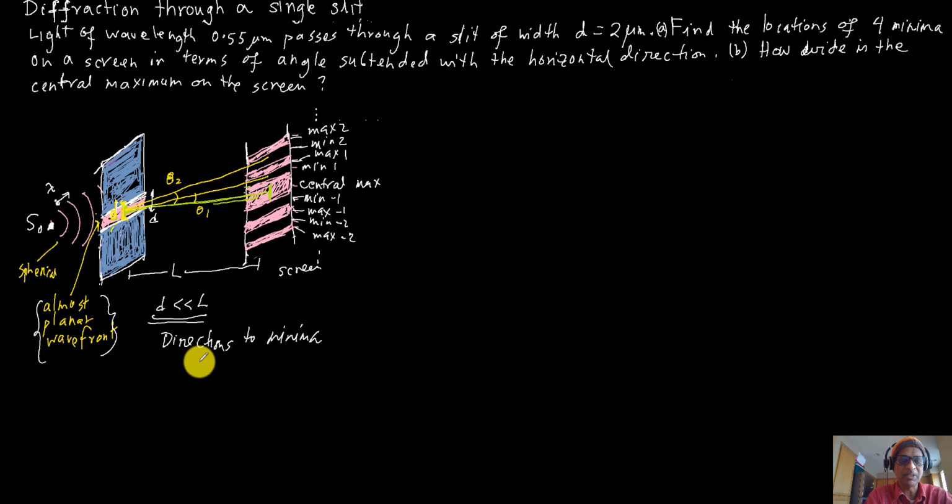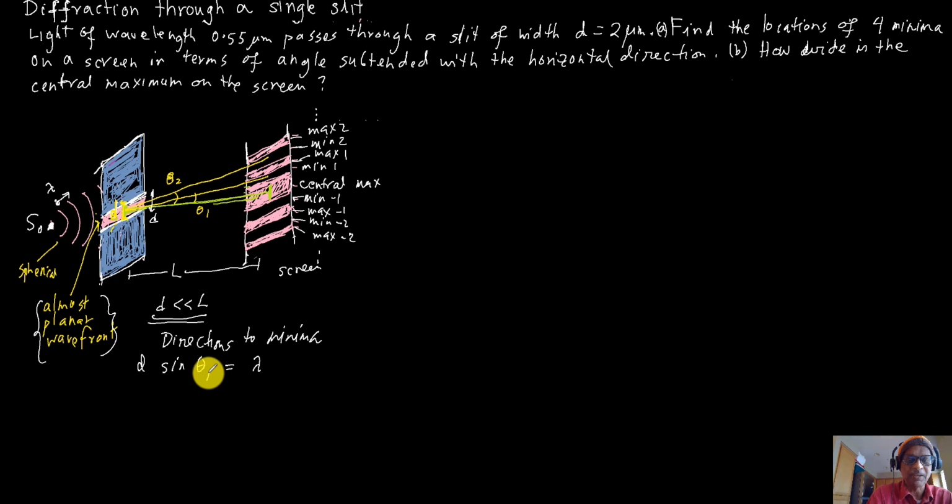We can show, like for theta 1, D times sine theta 1 equals just lambda. So this is the minima. This is kind of like the opposite of the double slit formula, okay?